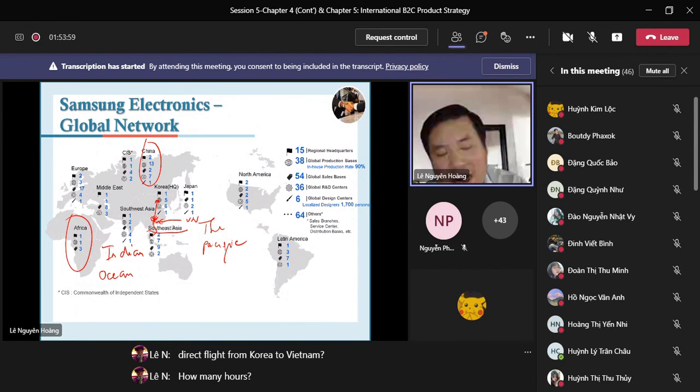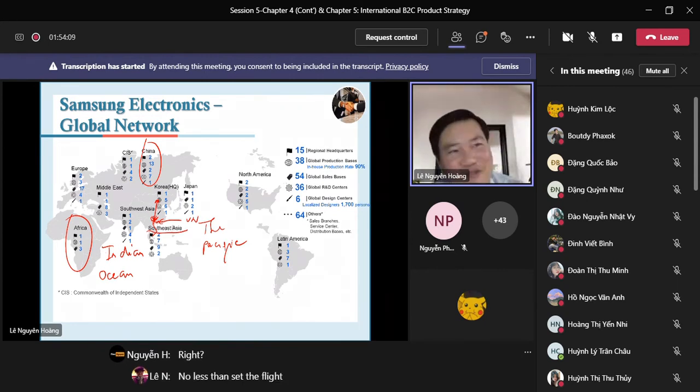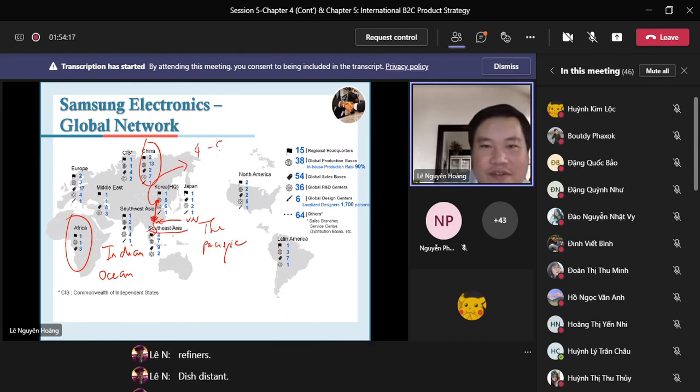Guys? No idea? Okay. No, less than 6. The flight duration is roughly about 4 to 5 hours. This distance, so 4 to 5 hour flights.